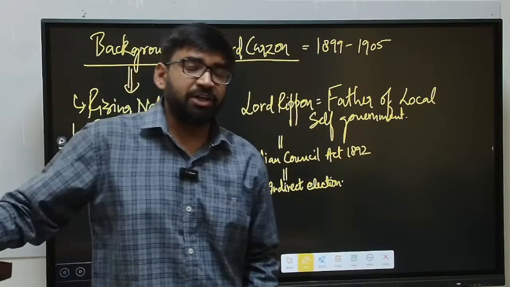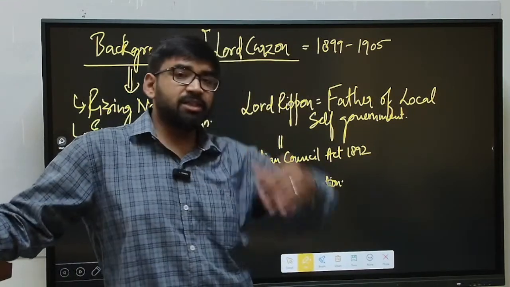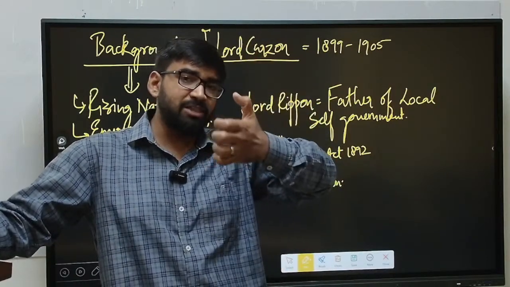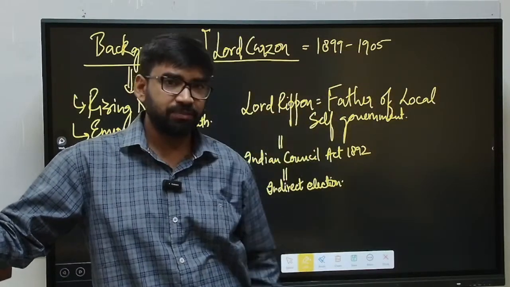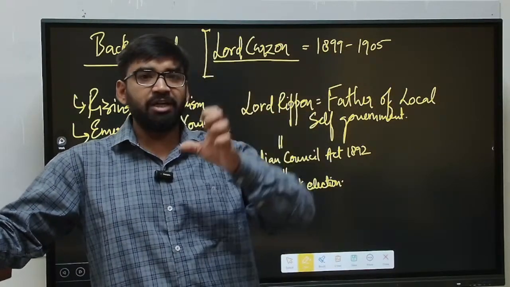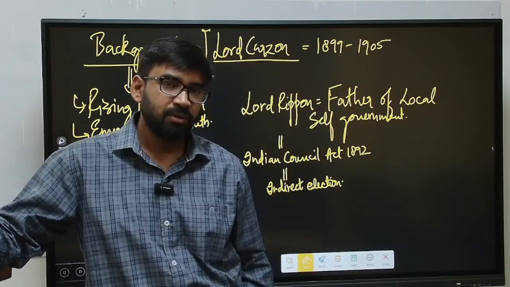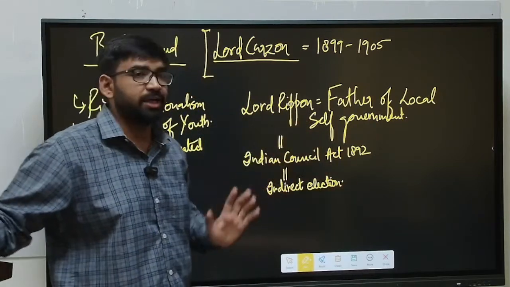Now in legislative councils, Indians started getting elected and their numbers were increased. And those Indians were having the feeling of nationalism. Getting my point? So in this scenario, Lord Curzon was sent.